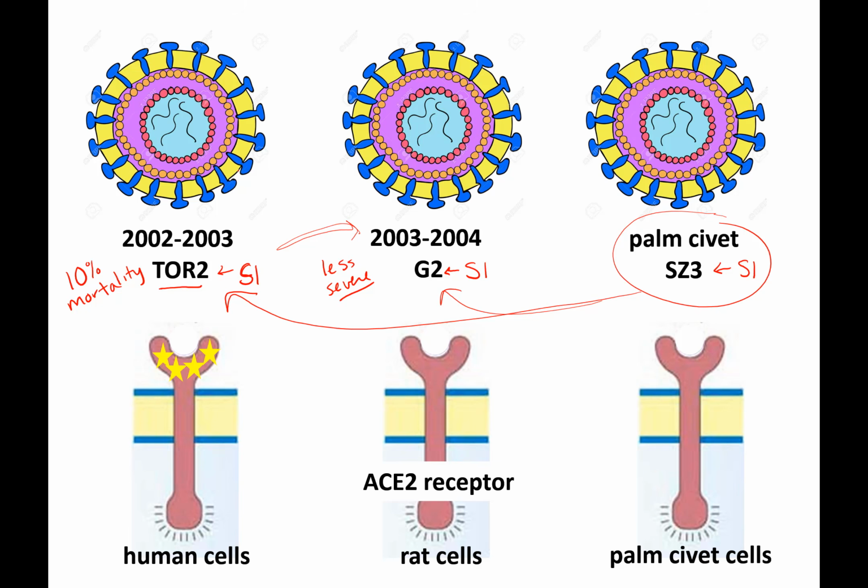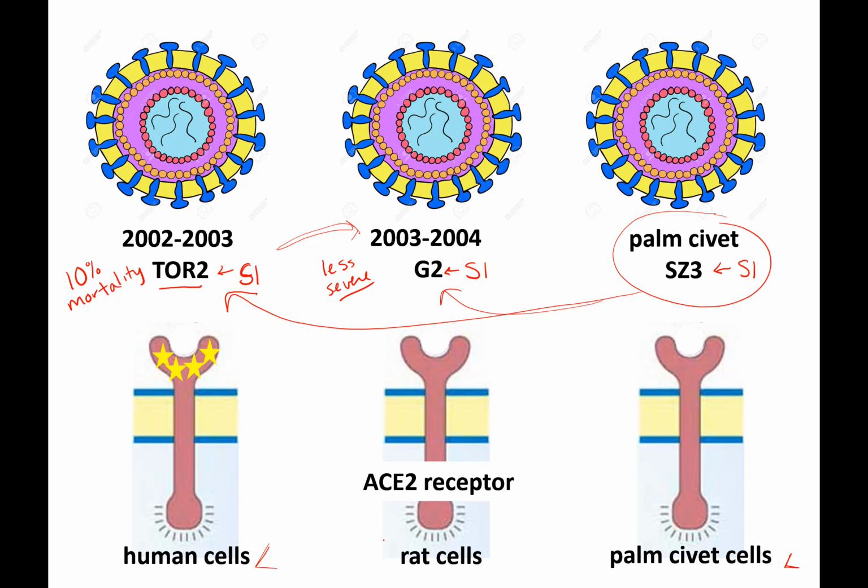And so they're looking at changes for the S protein because that's what interacts with the receptor. And they're also looking at differences between human cell receptor and palm civet receptor because all coronaviruses use this ACE2 receptor to infect.